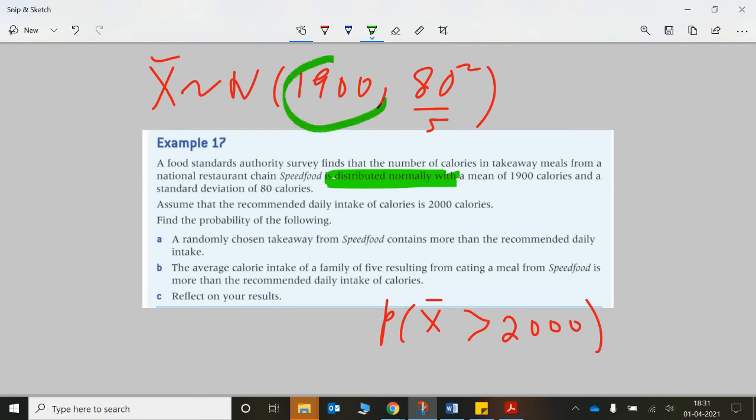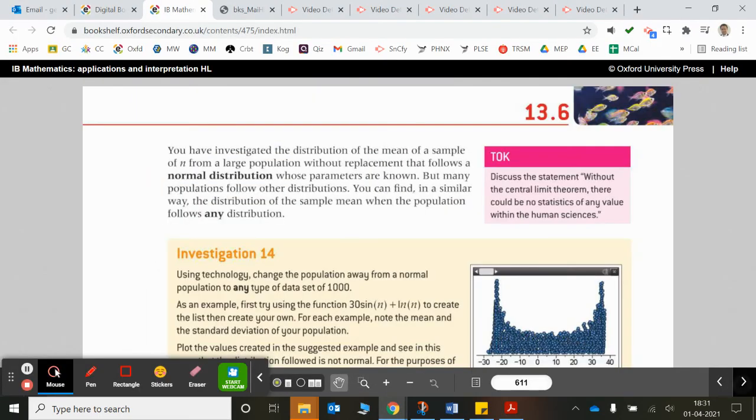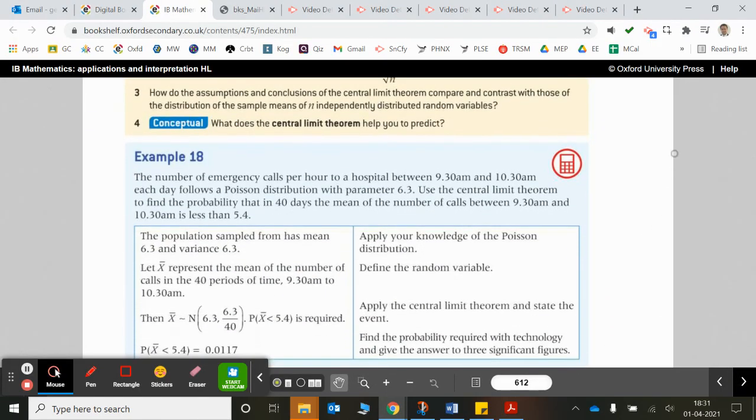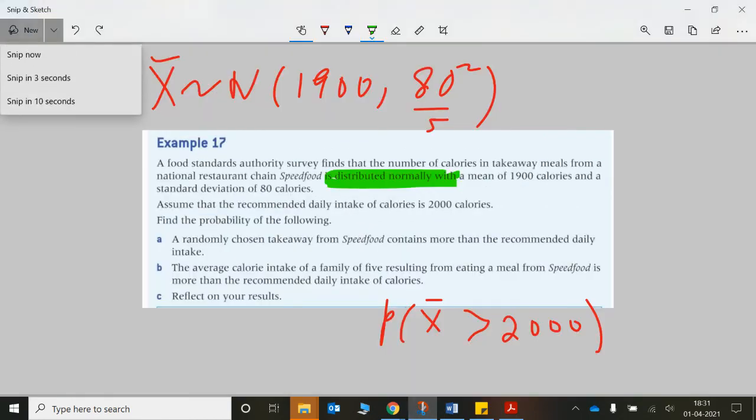And it meant that the expectation or mu was going to be the same, but the variance needed to be divided by the size of the sample. Okay, right, so let's have a look then at example 18 and example 19, and I think I'm done with this video. So let's do example 18.